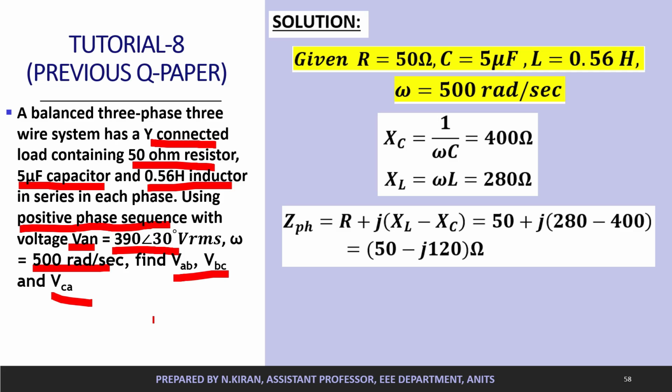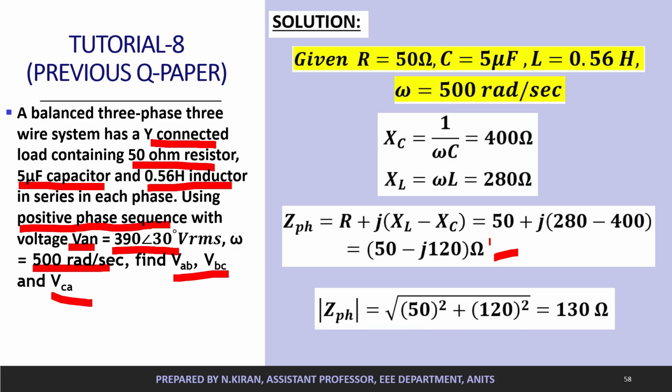Using the values of XL, XC as well as R gives the impedance as 50 minus j120 ohms. So the magnitude of the impedance will be root of 50 squared plus 120 squared, which is 130 ohms.